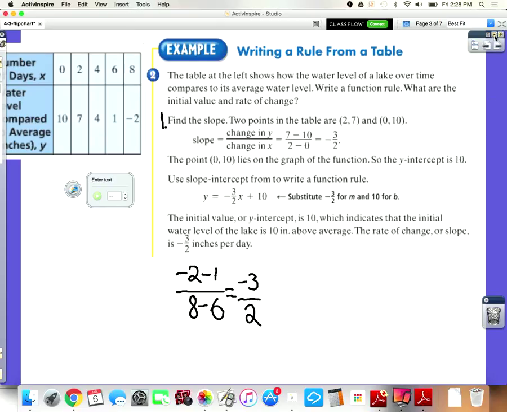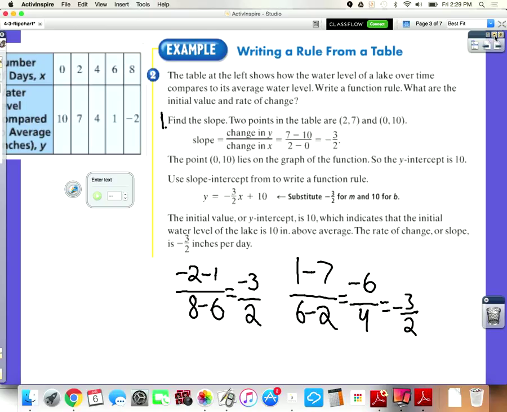Just right now we're on number 1, find the slope. 1 minus 7 is negative 6. And since I used 1, I have to use 6. So 6 minus 2 is 4. And that simplifies to negative 2. So it does not matter, as long as you're consistent which y's you use and which x's you use, it will always simplify to the same rate of change or the same slope.